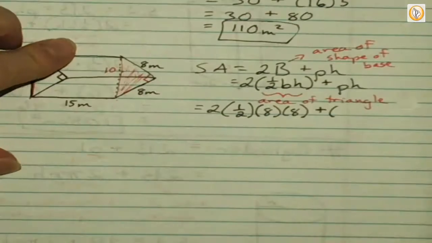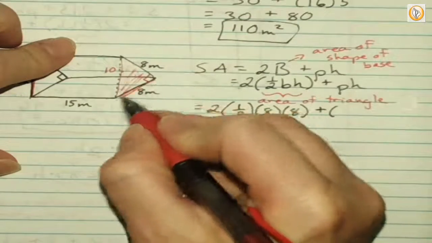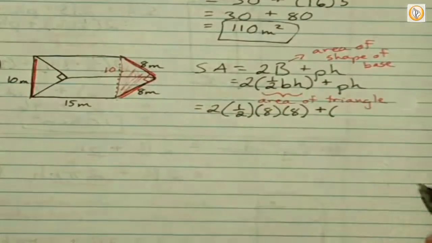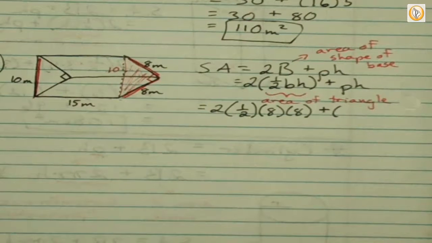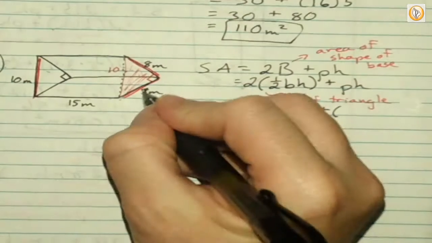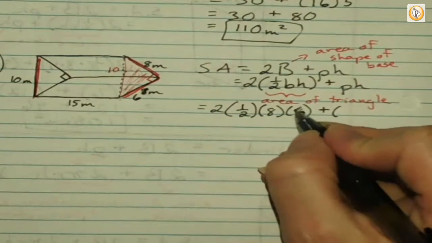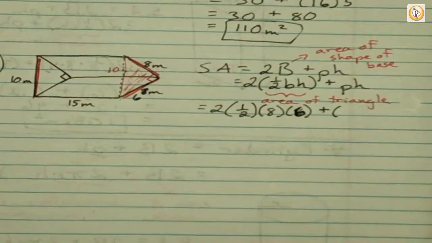These are my perpendicular lines. 8 and 8? What? The book says 6. Yep. Oh, I wrote it down wrong. So then it would be 6 here. There you go. Thank you.